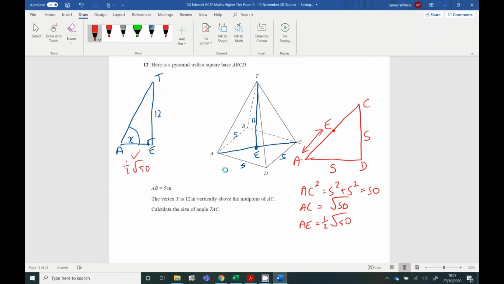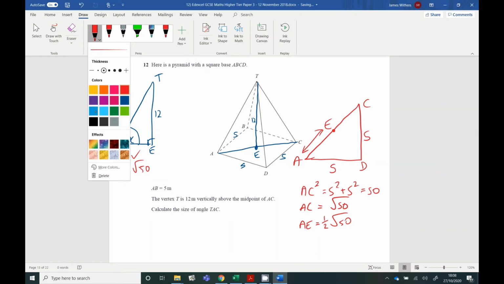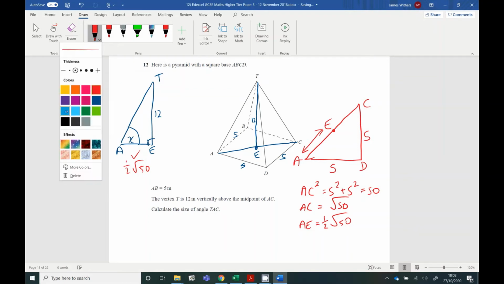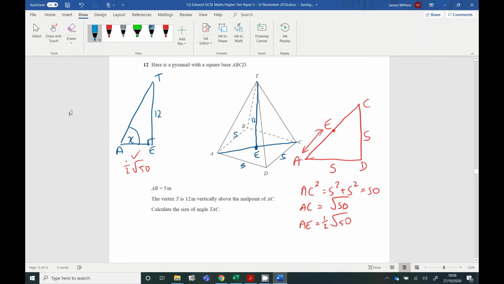Now to answer the question, let's change colour again. I want to work out what X is. I know the opposite side, I know the adjacent side. So I know that tan X equals my opposite side of 12 over my adjacent side of half of root 50.